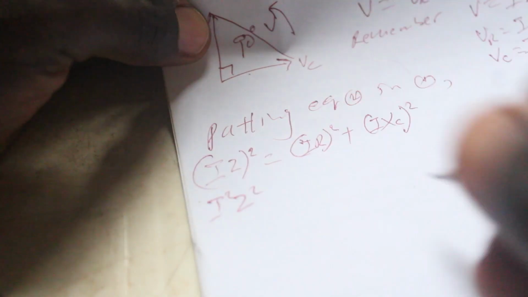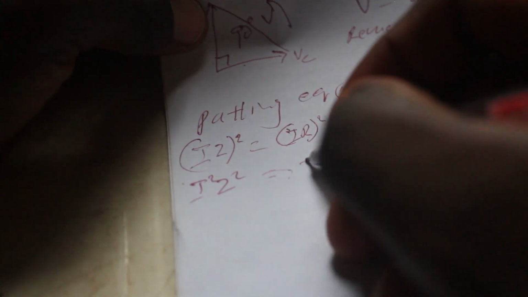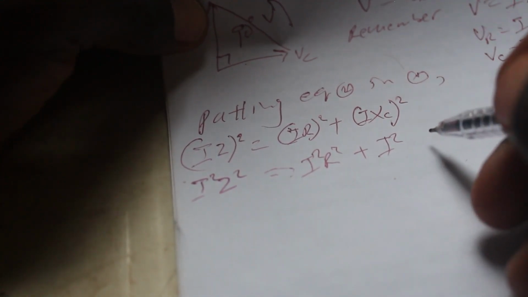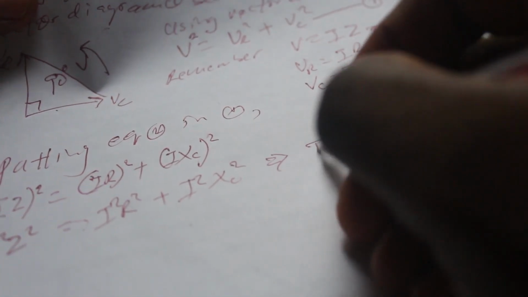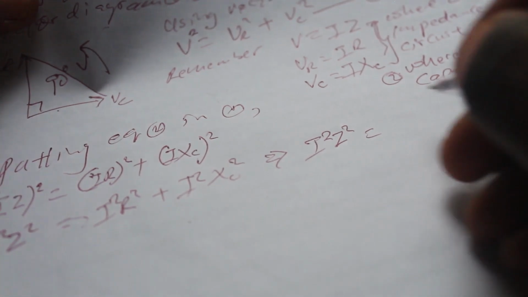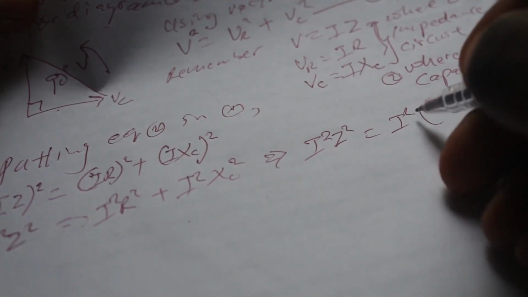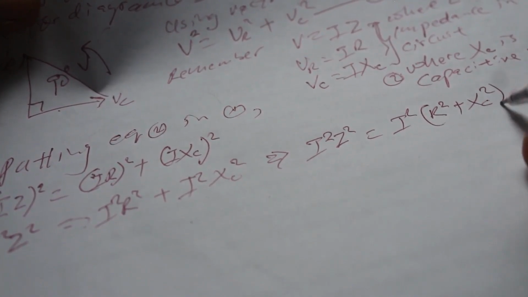If you expand the bracket, we have I squared Z squared is equal to I squared R squared plus I squared XC squared. Collect a common factor. We have I squared Z squared is equal to I squared R squared plus XC squared.